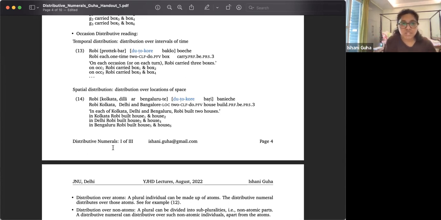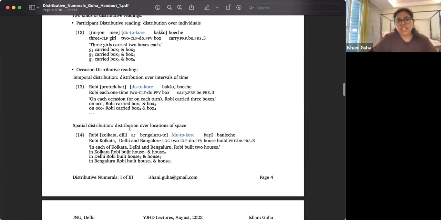In Delhi, Robi built two houses, and in Bengaluru, Robi built two houses. So this is spatial distribution, right? This is distributing over space. So in each of these locations, the numeral indefinite duto kore bari is assigning two houses, right? So this is distribution over spatial locations, or in other words, over occasion.